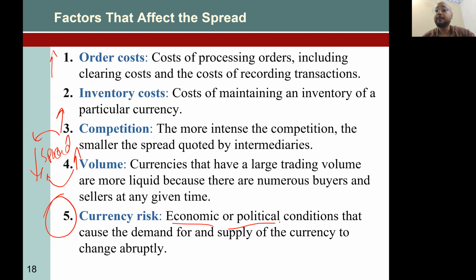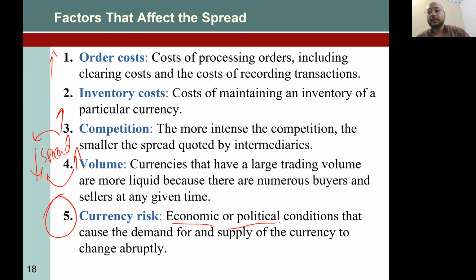For example, in Venezuela they have political turmoil, so their bid-ask spread has increased, right? Because if a dealer buys that Venezuelan peso, what happens? Maybe there is economic or political turmoil in the country, and foreigners don't want to deal with the Venezuelan currency.